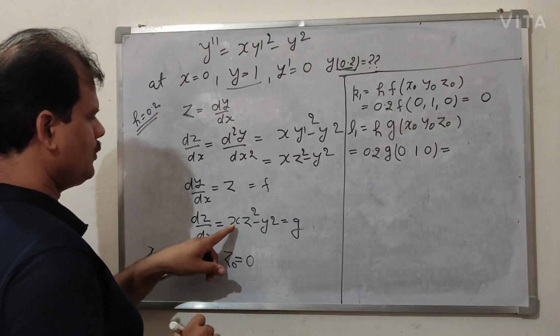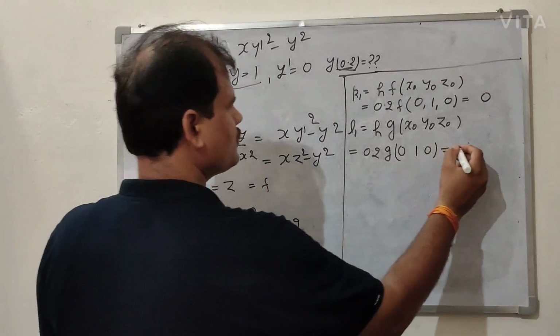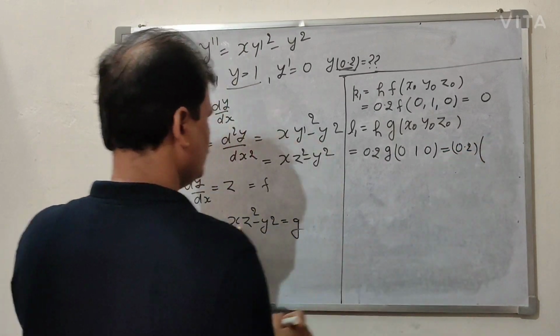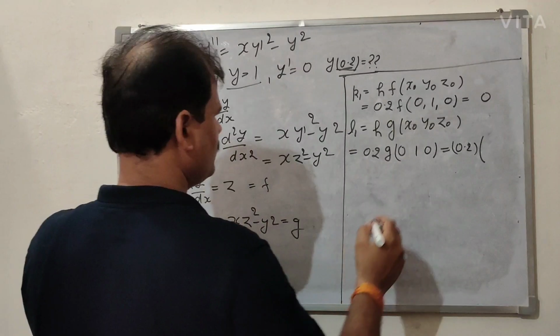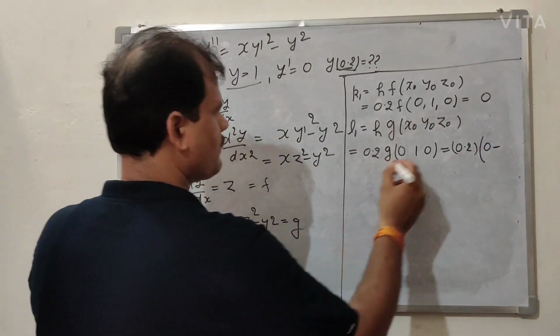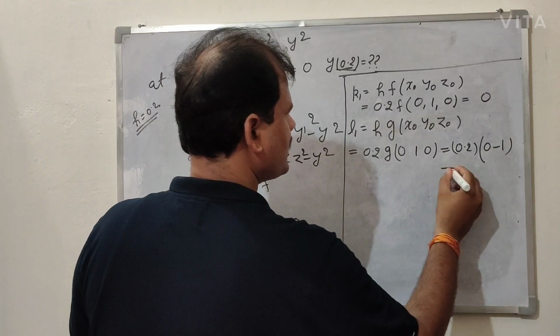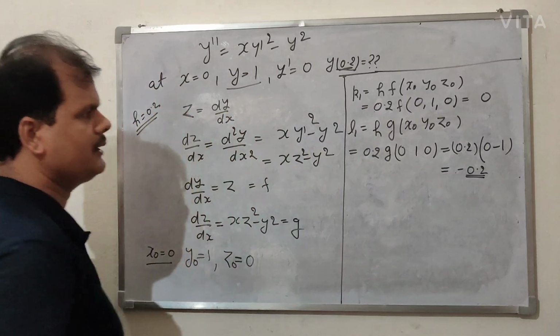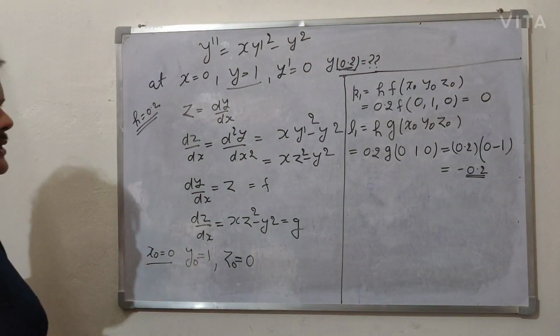Now g equal to x z square minus y square. So 0.2 into x equal to 0, so this part will be 0 minus y square equal to 1. So the answer will be minus 0.2. So k1 equal to 0, L1 equal to minus 0.2.